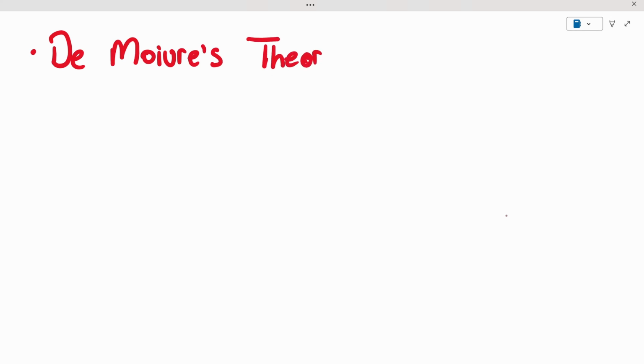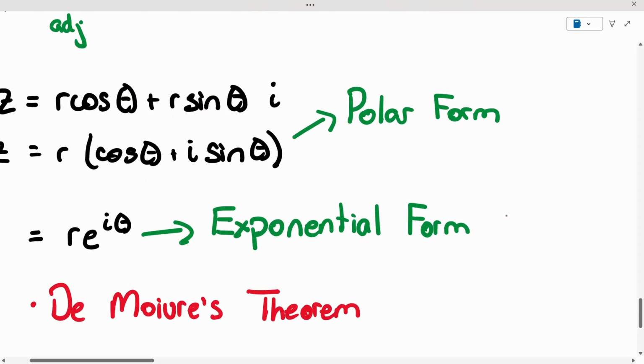So now that we have the polar form of the complex number, we can look at a very useful theorem related to it called De Moivre's theorem, right? Which states if we have a complex number r cos theta plus i sine theta, right? This is the same polar form we found earlier.